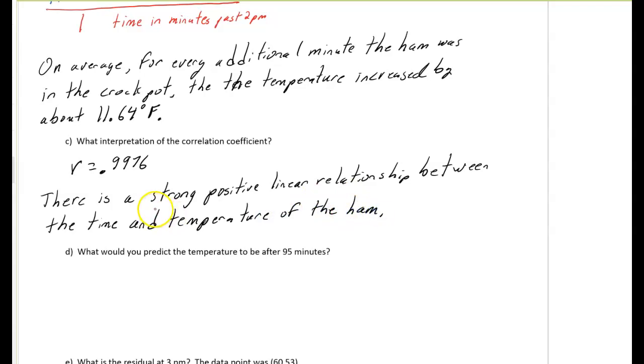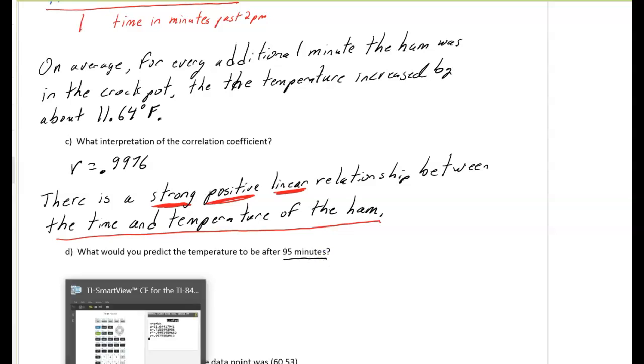Remember, the components were strength, that are underlined in red, direction, positive, we always say linear, and then we always want the context of the problem. Okay, let's take a look at letter D. What would you predict the temperature to be after 95 minutes? There were two ways that we did that problem.